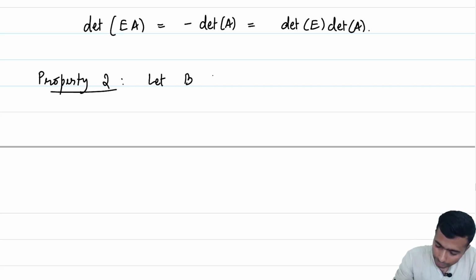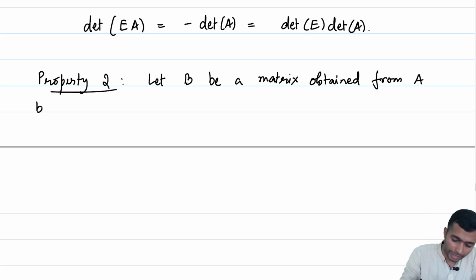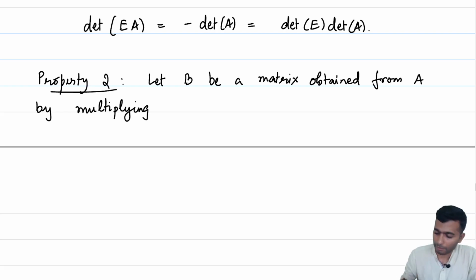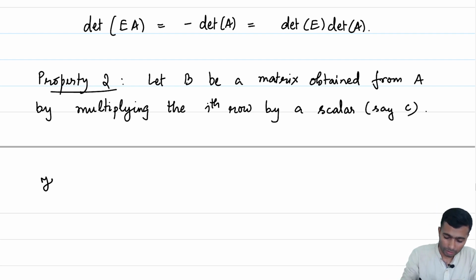So, let B be a matrix obtained from A by multiplying the ith row by a constant, a scalar, say c. Then the determinant of B is equal to c times the determinant of A.